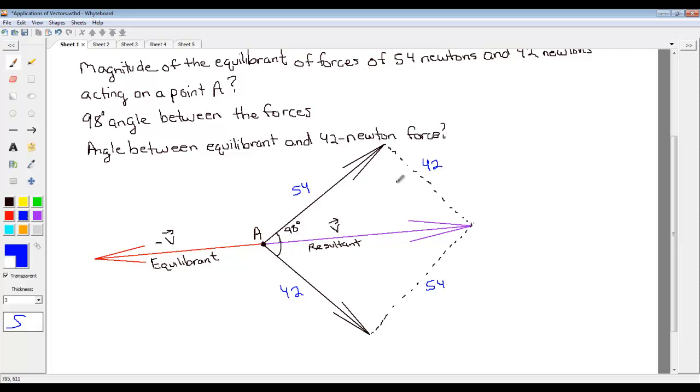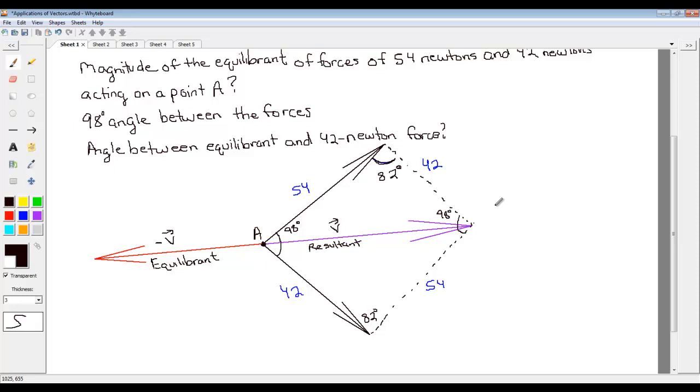Now if this angle is 98, that means this angle here, these two angles have to add up to 180. So that means this angle here must be 82. And we know angles opposite each other are the same, it makes this nice little parallelogram here. So this one's also 98.